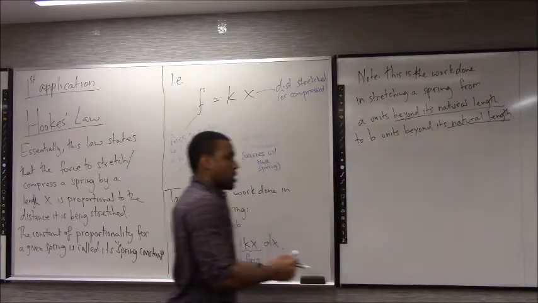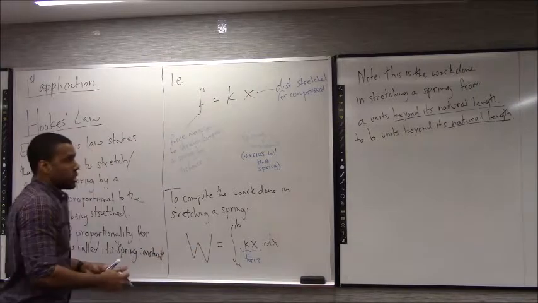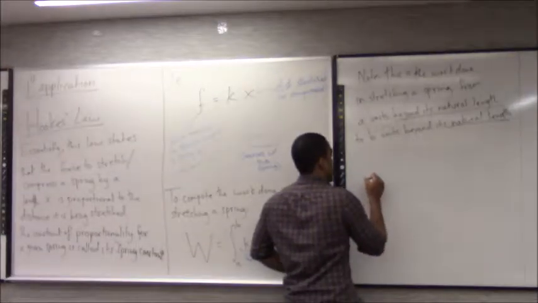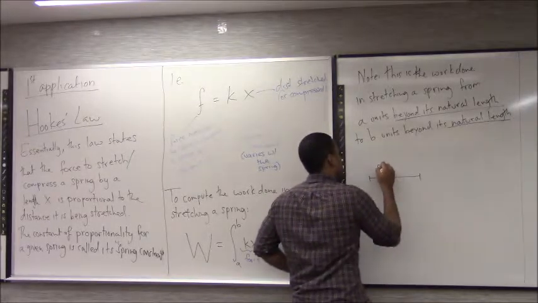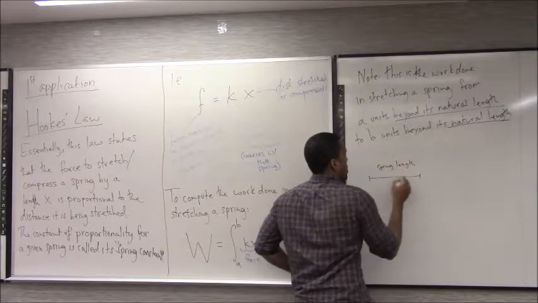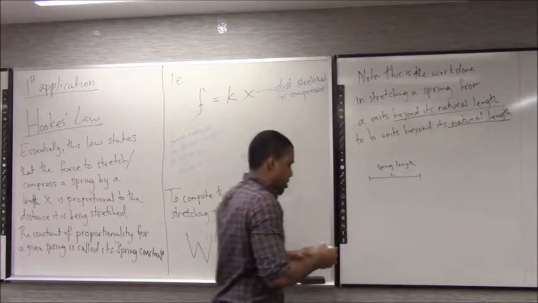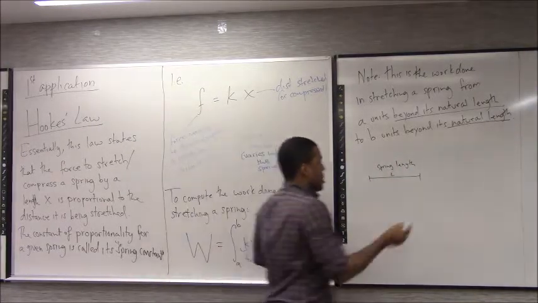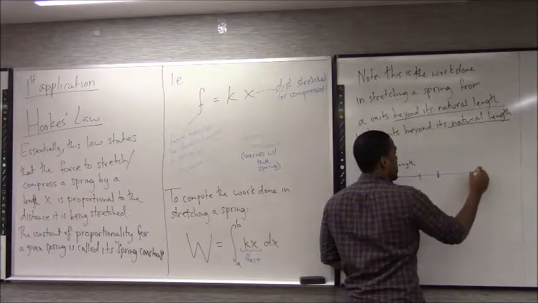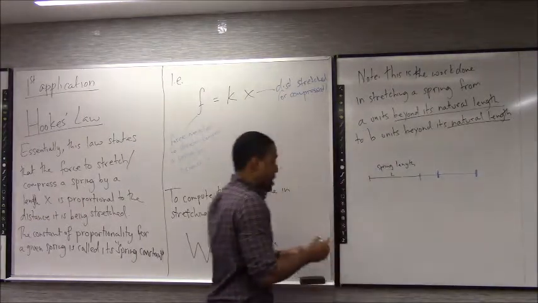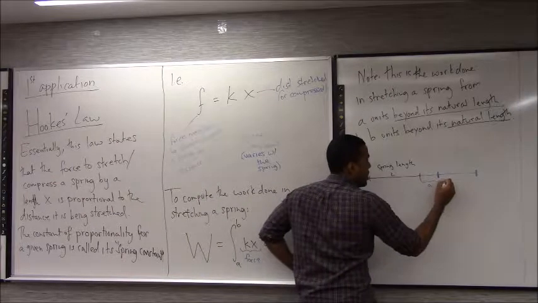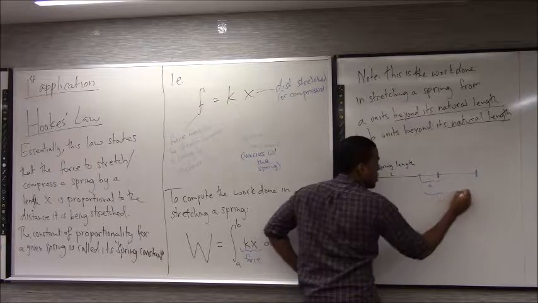The work really starts coming once you stretch it beyond its natural length. So if you have here a spring of length L, then you can talk about stretching it from, say, this length to that length, and how much work would you have taken to do that? Then this distance here will be your a, and that distance here will be your b.